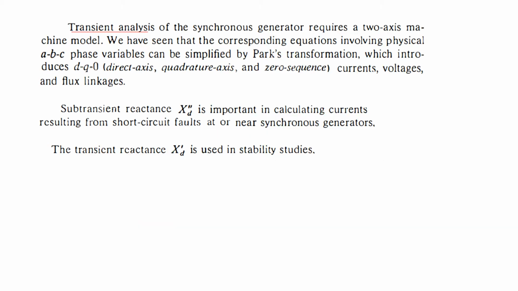Okay, some background. The transient analysis of synchronous generators requires two-axis machine models, and we have seen that the corresponding equations involve the physical ABC phases.